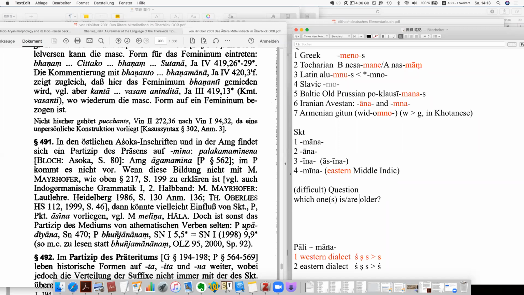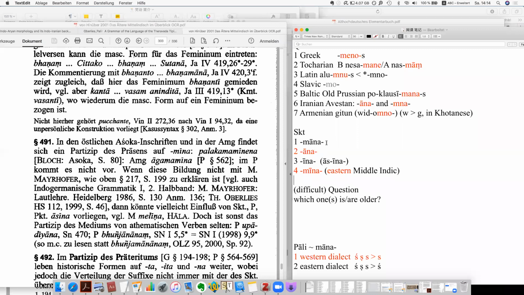Okay. And now let's answer the question. Which one or which ones are older? The answer is this one and this one. So these two and 4 are older. But older, I mean not māna, because older, I mean historically.